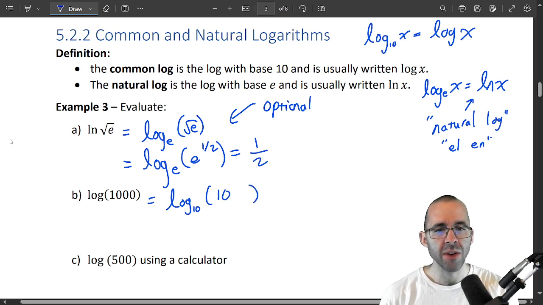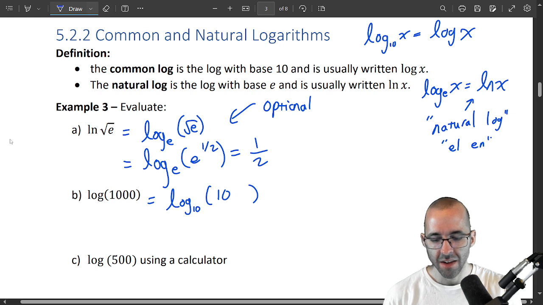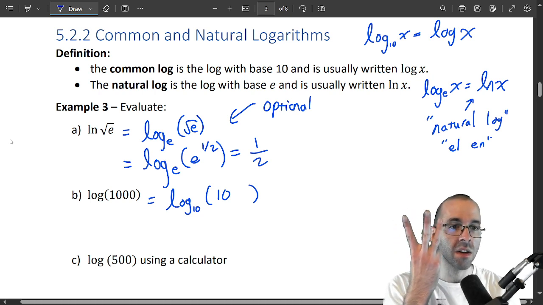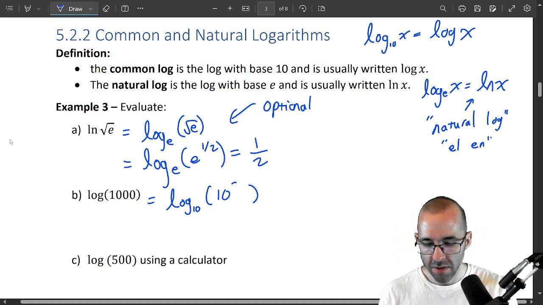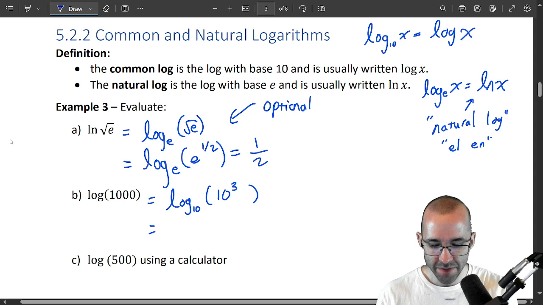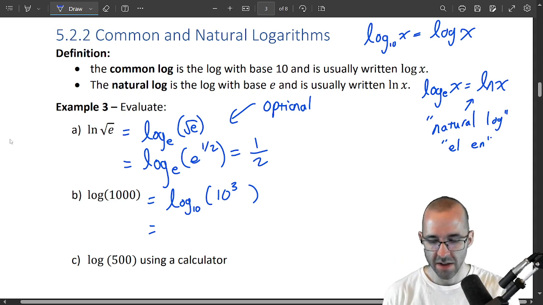If we can rewrite 1,000 as 10 raised to some exponent, then they'd cancel each other out. 10 to the first power is 10. 10 squared is 100. 10 cubed is 1,000. Okay, it's 10 cubed. And if we can rewrite these in a certain way, then we can solve it by hand. But you'll have access to calculators, so this isn't as important.